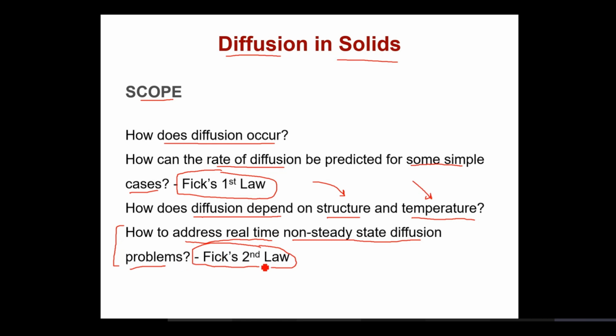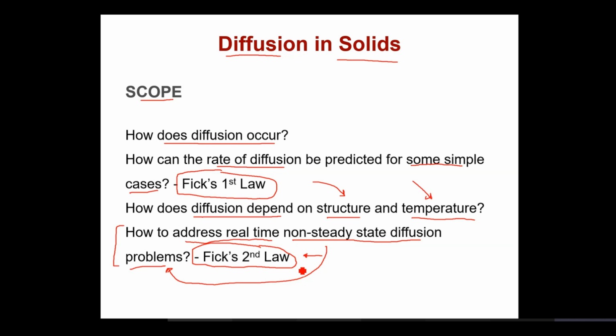So this is a general solution. Fick's second law is a general mathematical expression. We'll apply this mathematical expression to one of the non-steady state problems and try to find out a solution for that. This is the scope of this chapter that we'll be looking into.